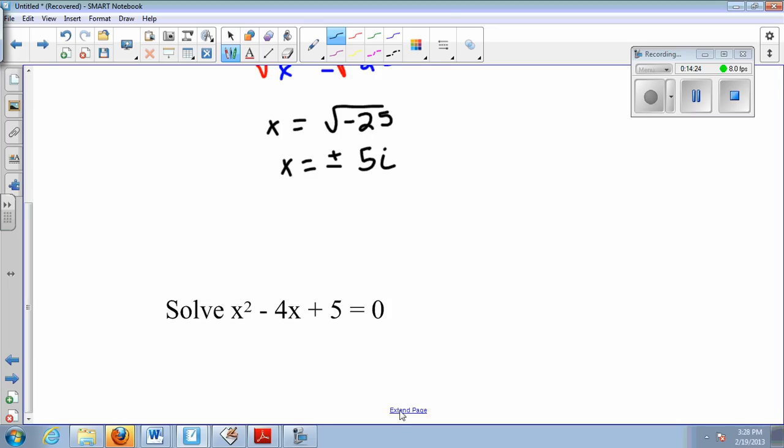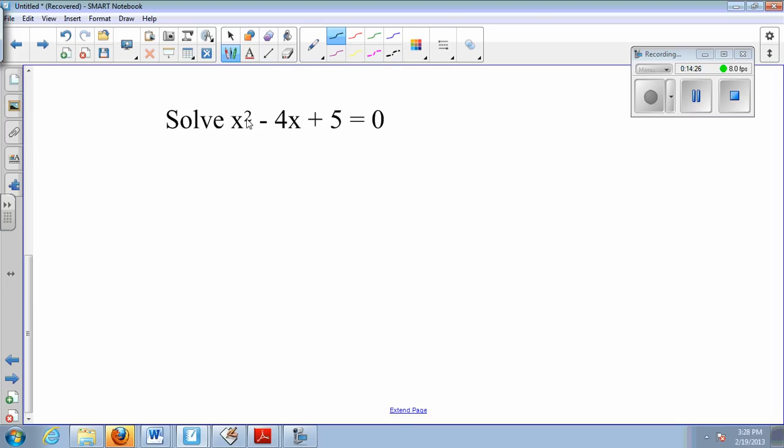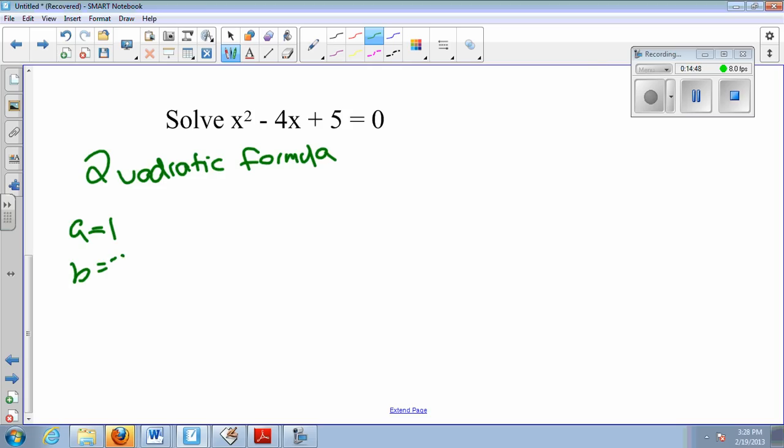Our last example, x squared minus 4x plus 5 equals 0. Now we cannot solve this by factoring, so we're going to use the quadratic formula. a is 1, b is negative 4, c is 5.